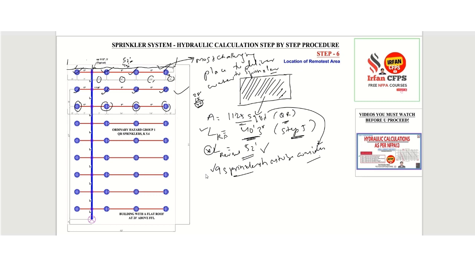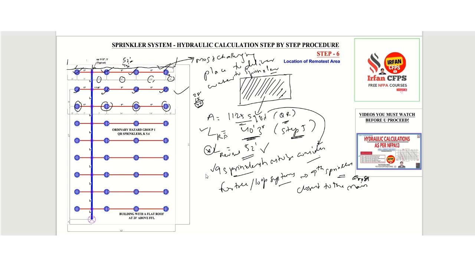As per NFPA 13, for tree systems and loop systems, since we consider a tree system, this is not a loop, this is a tree system, the 9th sprinkler will be closest to the cross main. Please ignore my handwriting. NFPA 13 indicates that the sprinkler closest to the cross main should be chosen.